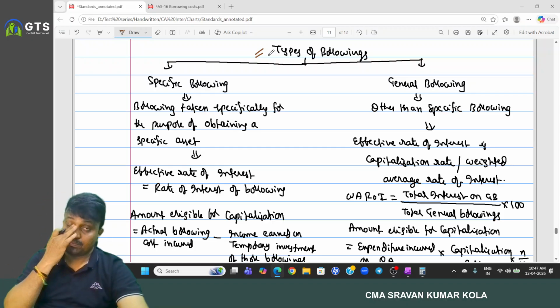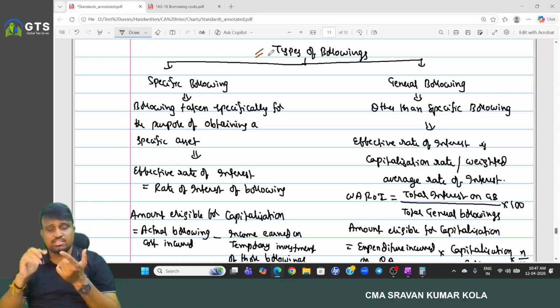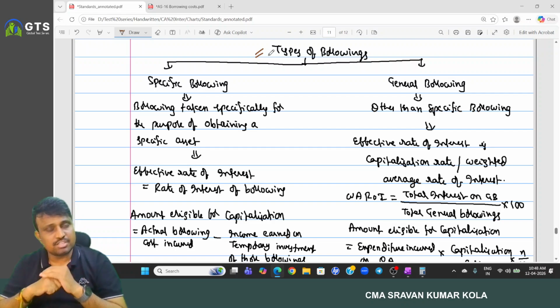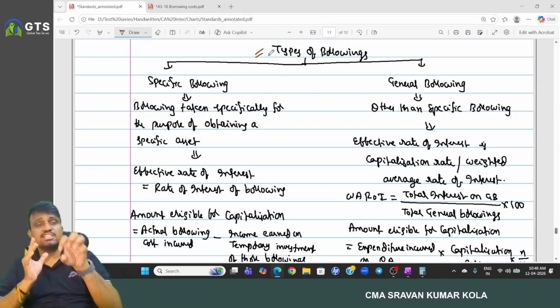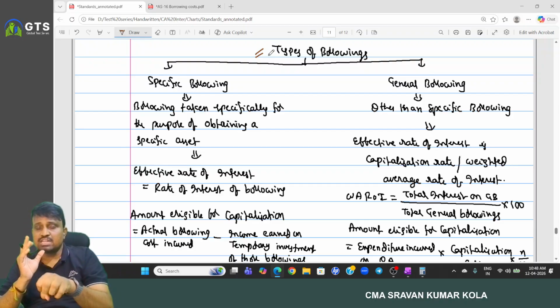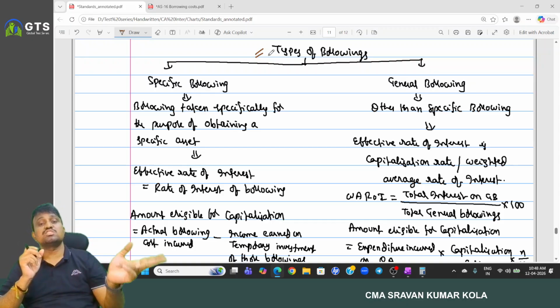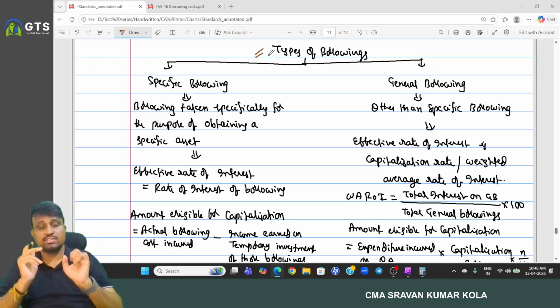Okay. And coming to the types of borrowing, there are two types of borrowings out there. One is the specific and another one is the general. Specific borrowings are nothing but the borrowings which are taken specifically for the purpose of construction or acquisition of a particular asset. Other than that, non-specific or general borrowings are there.